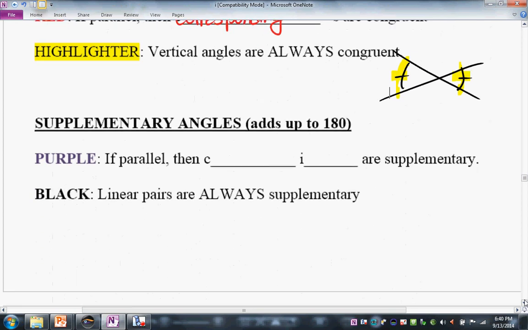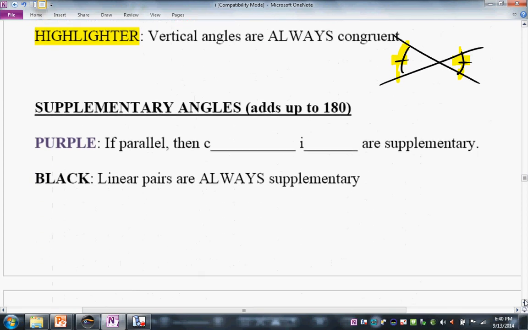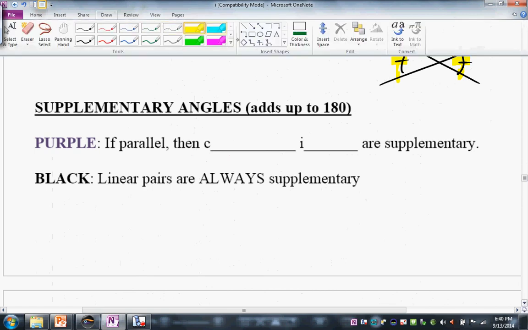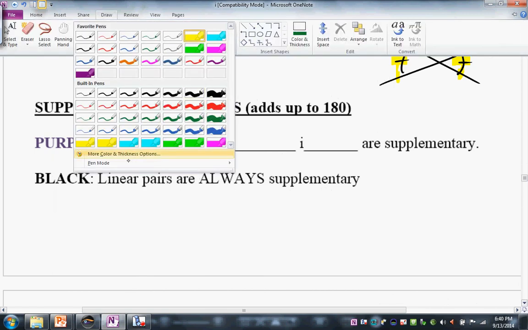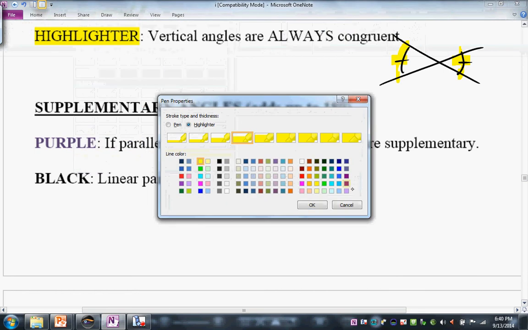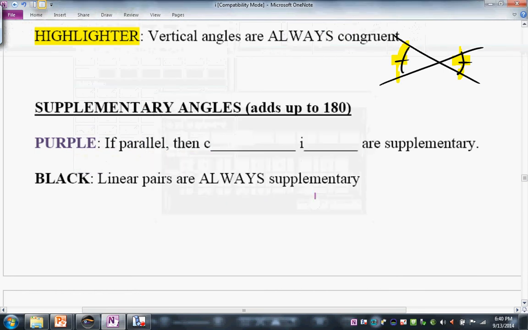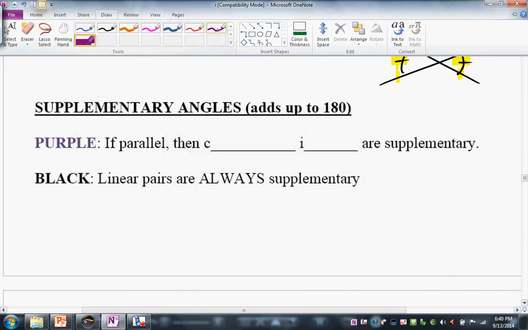And when lines become parallel, the consecutive interior angles are going to be supplementary.